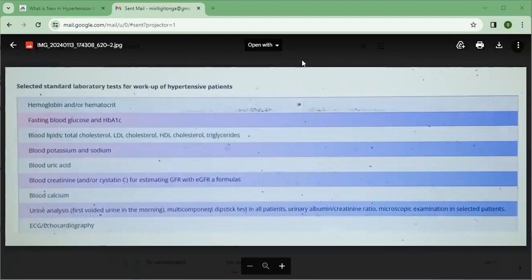Now, the normal hematocrit is 40.7 to 50.3% in men and around 36.1 to 44.3% in females. It's a very important test which should always be done so that you can know the type of patient you are dealing with in this type of case.